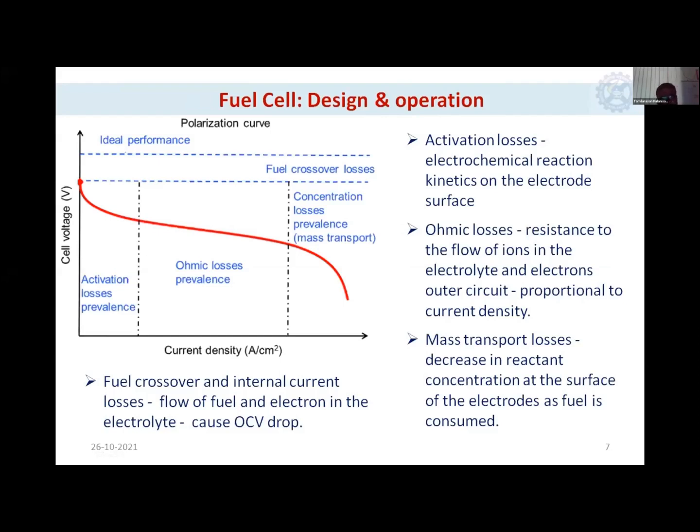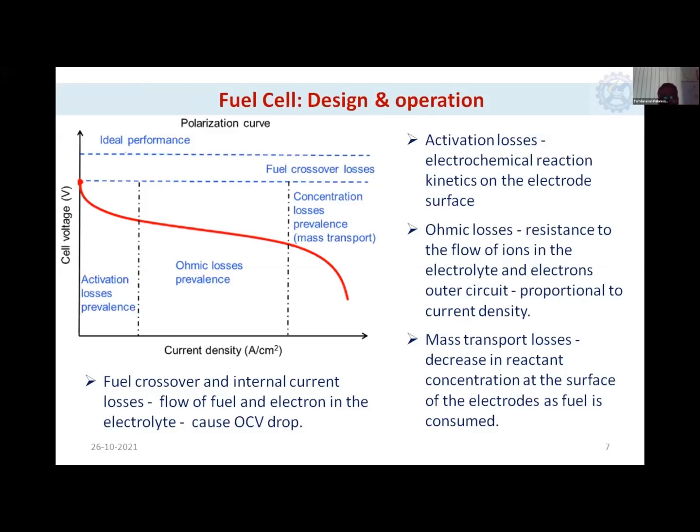This is because of the fuel crossover losses. What is that? While you are supplying gases to anode and cathode, you will actually supply with certain excess pressure. Excess pressure means instead of one bar or 1 atmospheric pressure outside, you will supply with 1.1 or 1.05 atmosphere.